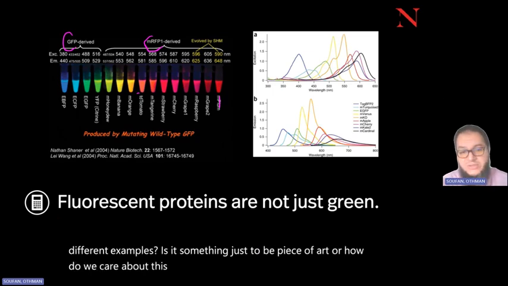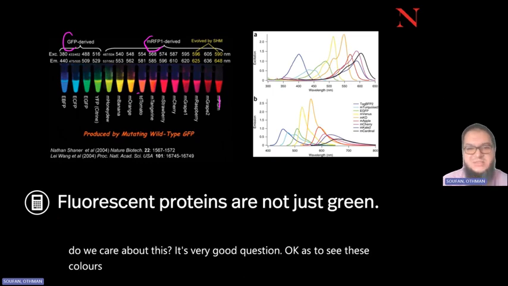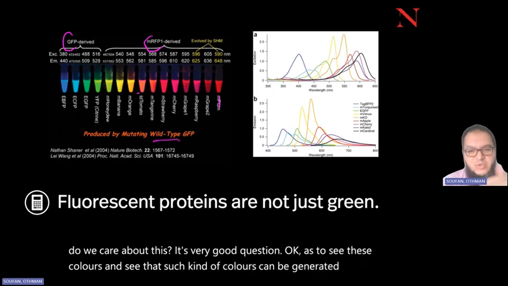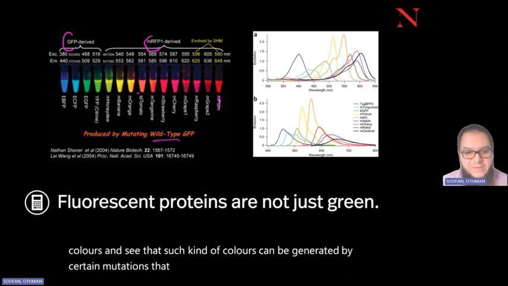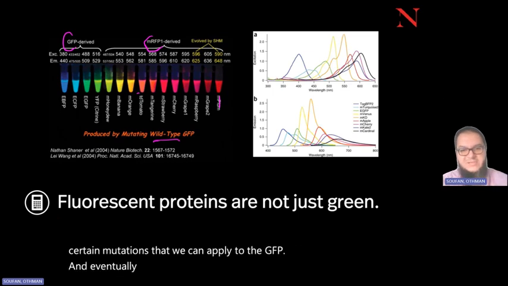It's a very good question, as to see these colors and see that such kinds of colors can be generated by certain mutations that we can apply to the GFP and eventually have different colors like this.